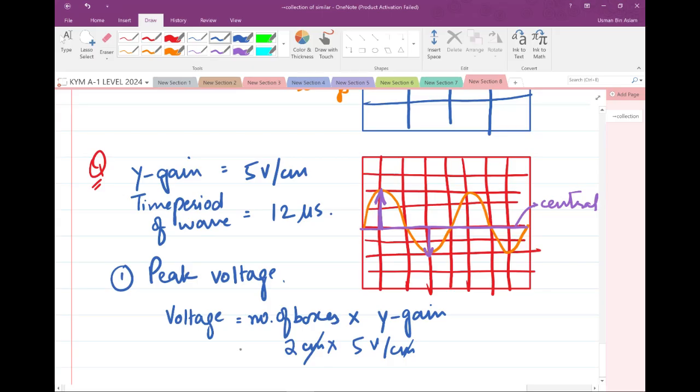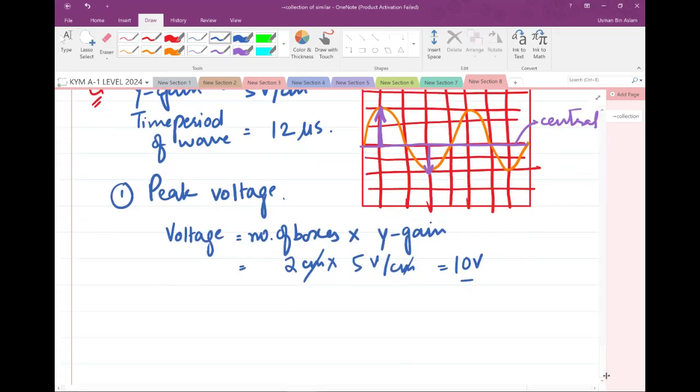Centimeter cancels out, this gives us 10 volts. That means if 10 volts were supplied on the Y deflecting plates, the beam will be deflected 2 boxes vertically upwards or vertically downwards. Both of these can be used to deduce the answer. Do you understand that? I got it.